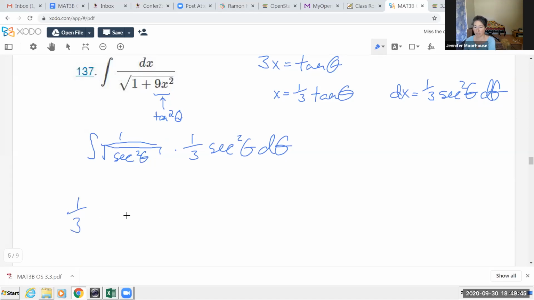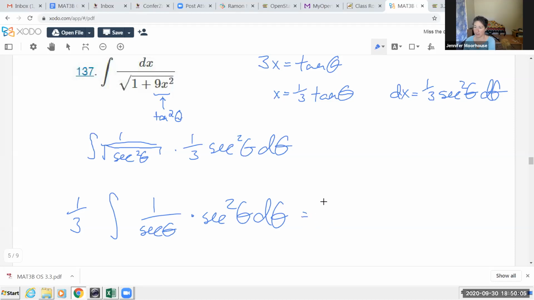So pull the 1/3 out front. Square root of secant squared is just secant. Cancel one of the secants with the 1 over secant.